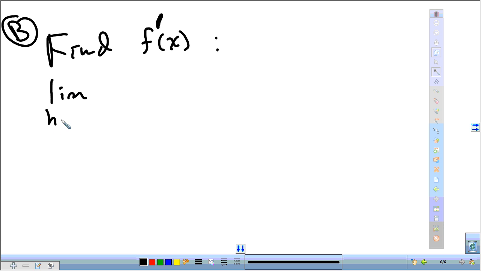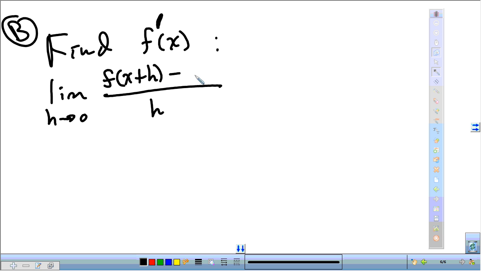So that would be looking at the limit, change in f. So start at an x, add an h. So instead of just a fixed 2, we'll use a symbol x and then divide by h. So we need to work out this limit.